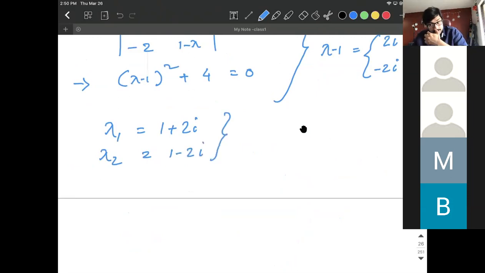If you notice, even in the first problem that we have done and here, the eigenvalues, if they are complex, occur in complex conjugates. So 1 minus 2i is the complex conjugate of 1 plus 2i. So notice that lambda 2 is lambda 1 bar.